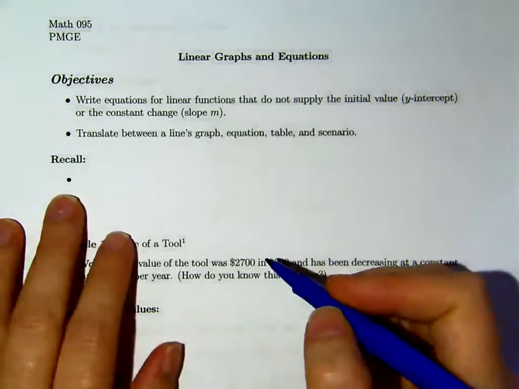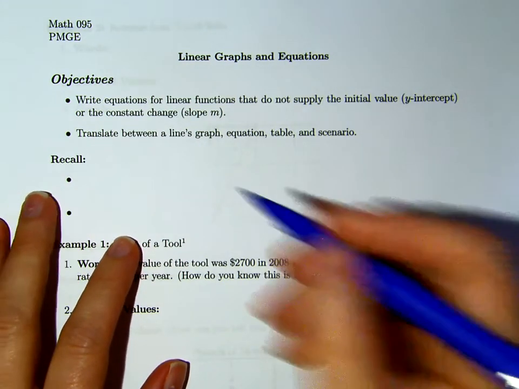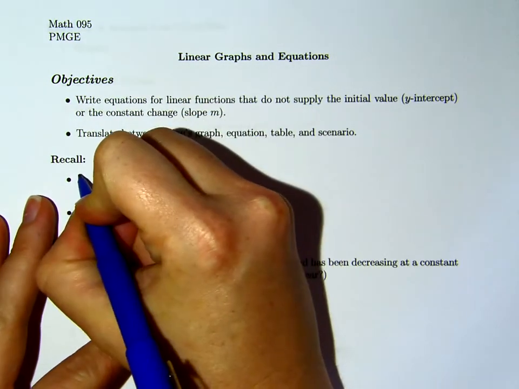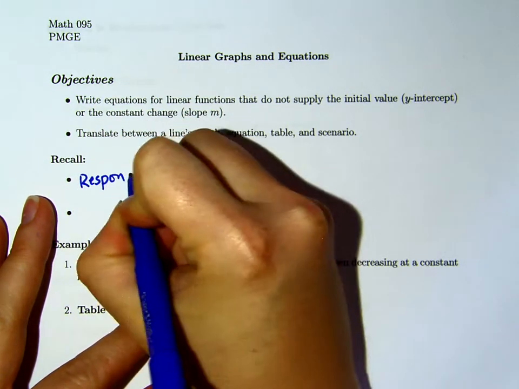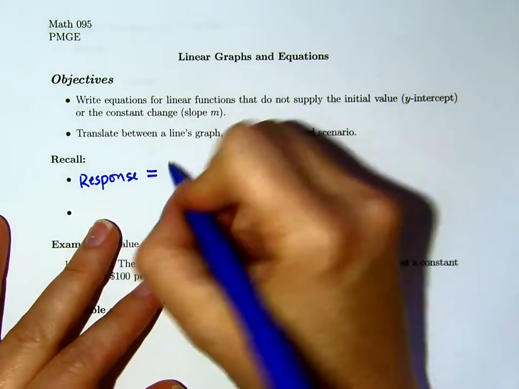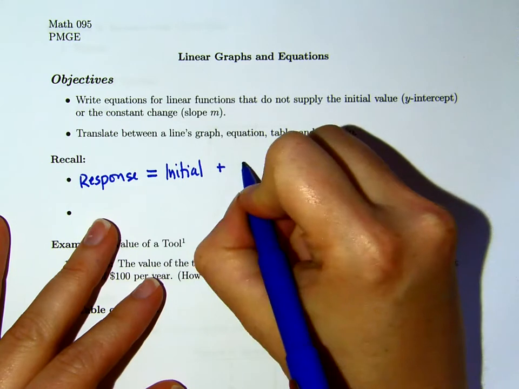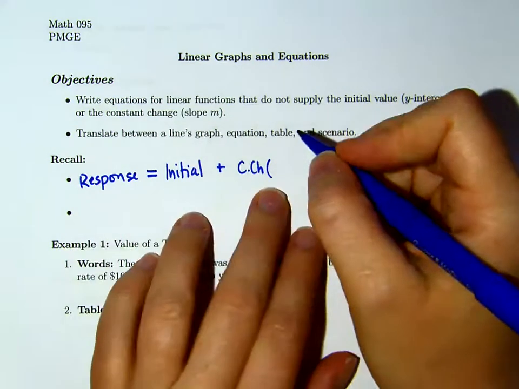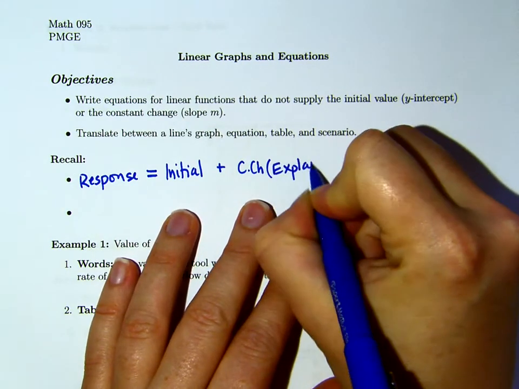Just different representations. So I need you to recall that the new amount, or response, is equal to the initial plus the constant change pattern times how many times this was, which was the explanatory variable.